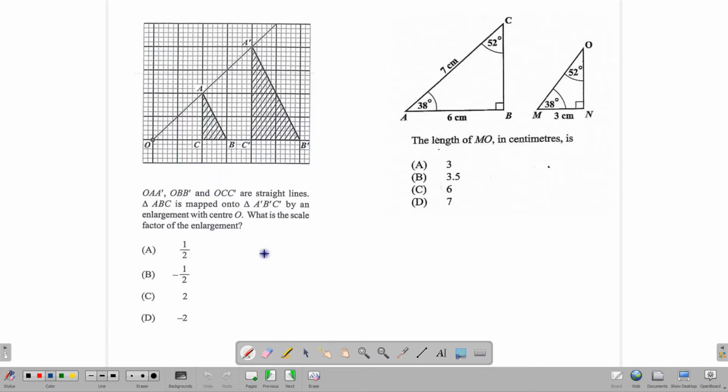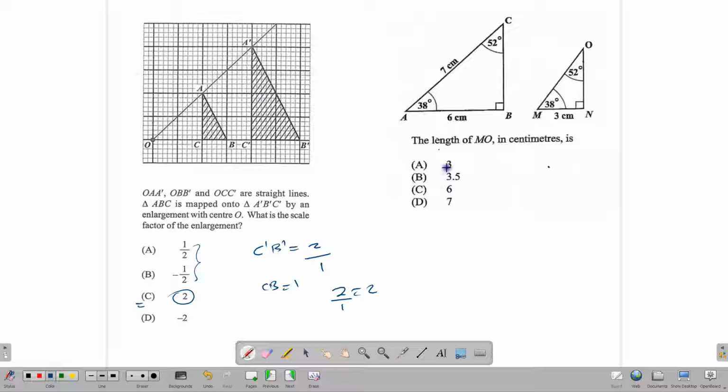So CB and C prime B prime, the length of that is 2 units, and CB is 1 unit, and so we divide 2 by 1, and 2 divided by 1 is 2. So your scale factor here should be 2. And notice that your image is bigger than your object, so your scale factor has to be bigger than 1, which rules out these two answers. All right. So your answer here is C.